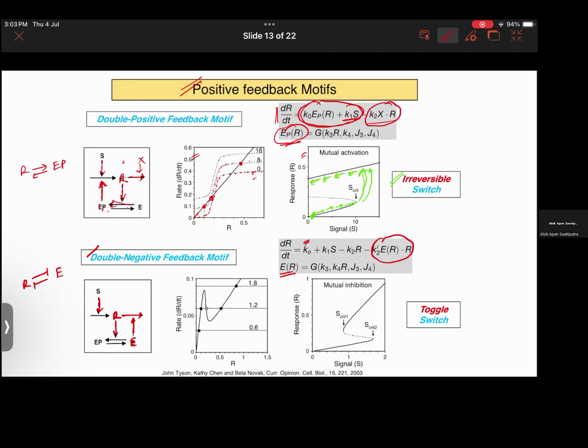Okay. So now, if I plot this entire thing, minus of K2R plus K2 prime E(R) into R, you will get a curve which is like this.